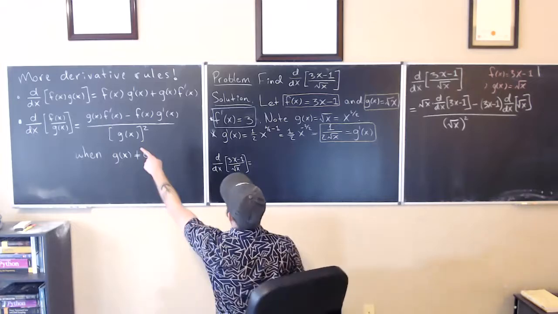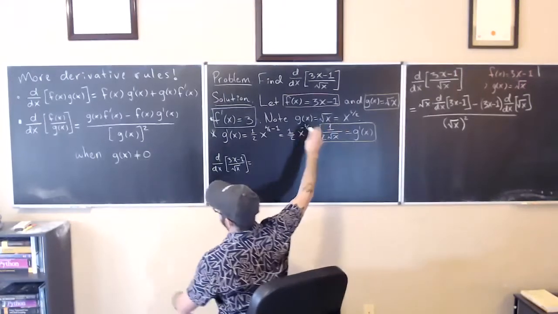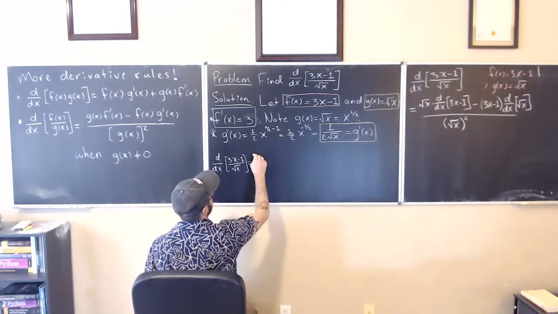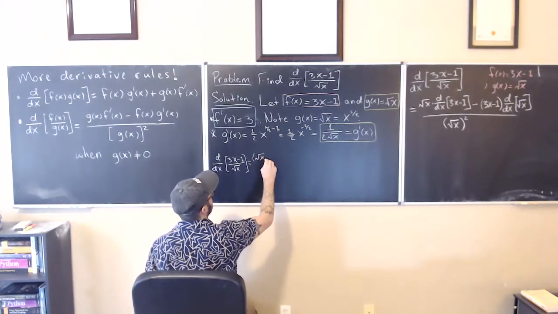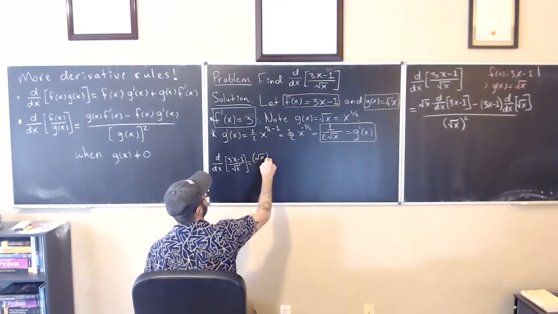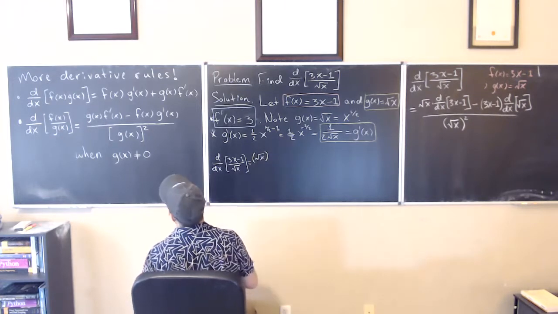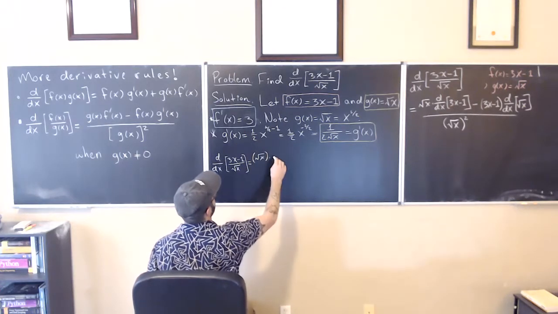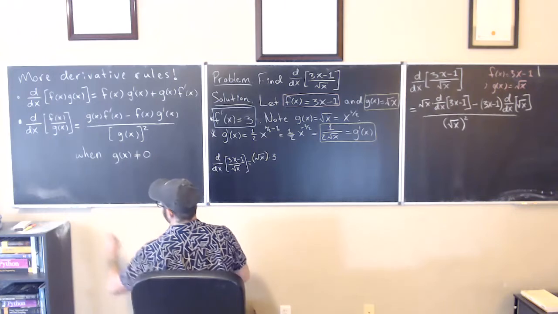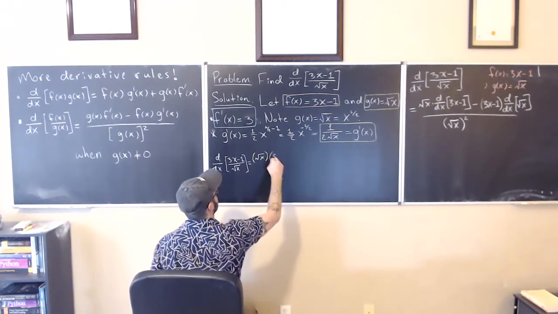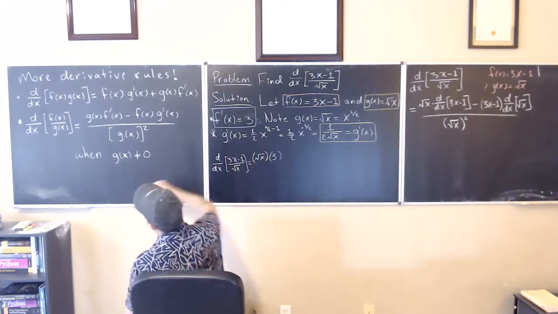So g is the yellow thing up there, so g would be root x. Okay, there's my g, and I would even put yellow around it because it's the yellow one. And then f prime is 3, and I might even put blue around that to match up.